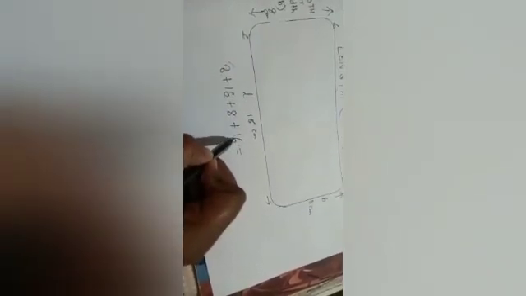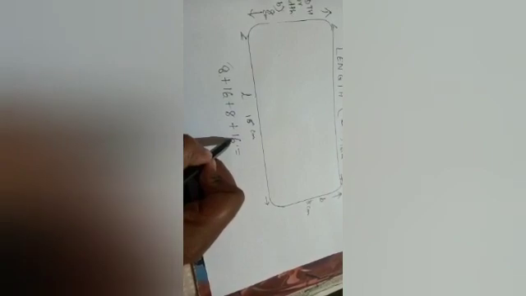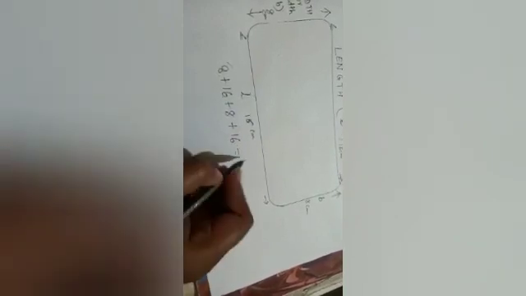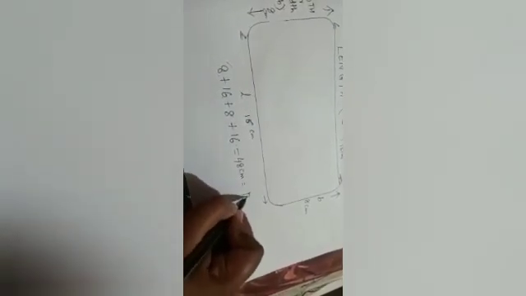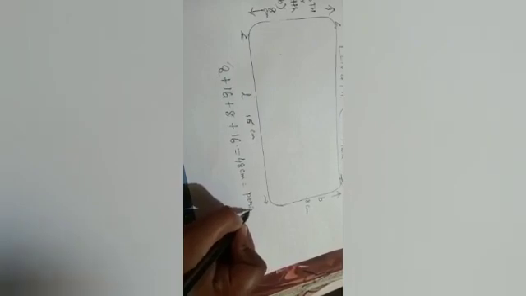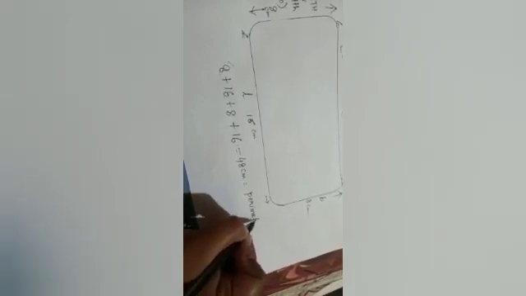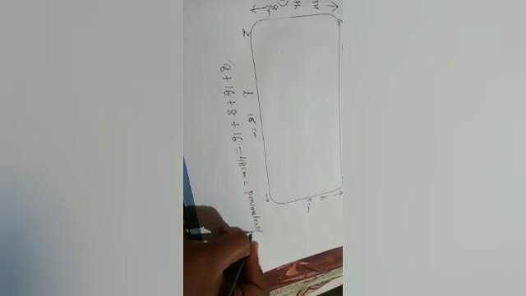So 200 meter plus 125 meter, plus 100 meter plus 150 meter plus 75 meter plus 100 meter.